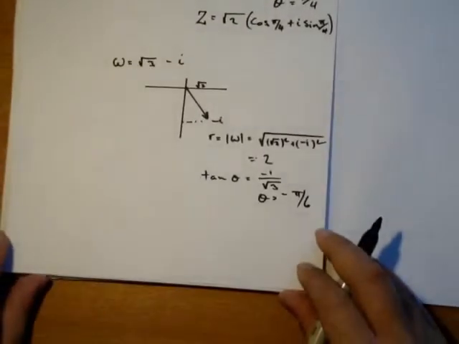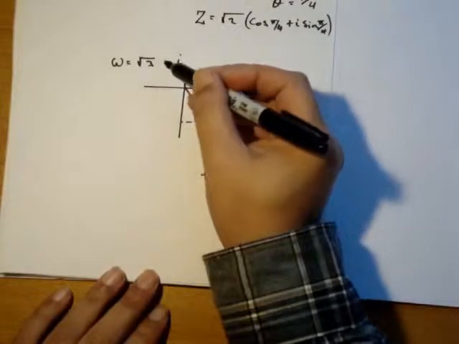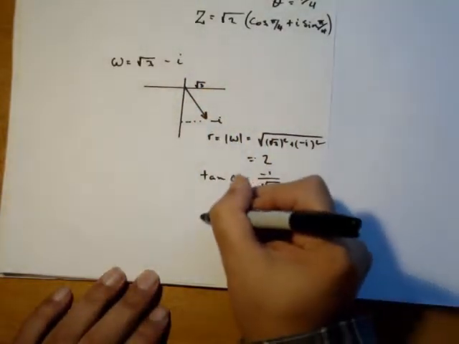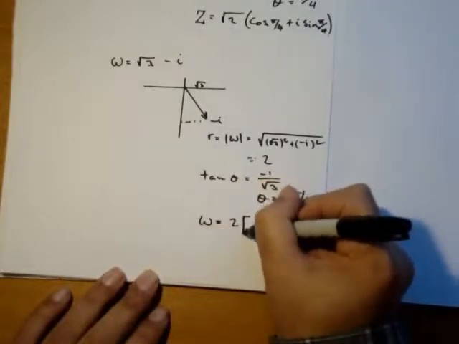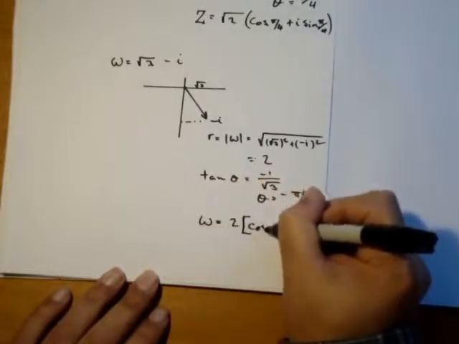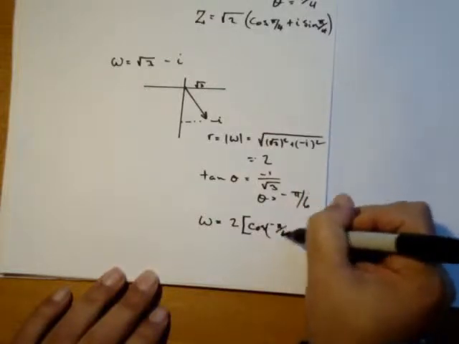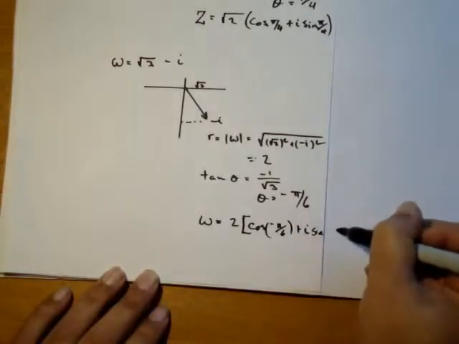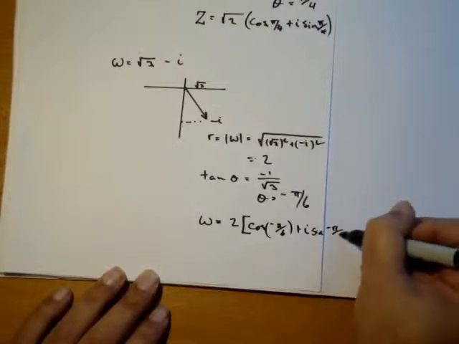So our polar form of this original complex number then becomes w equals 2 cos minus pi over 6 plus i sine minus pi over 6.